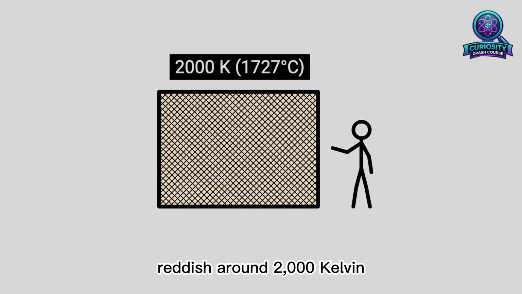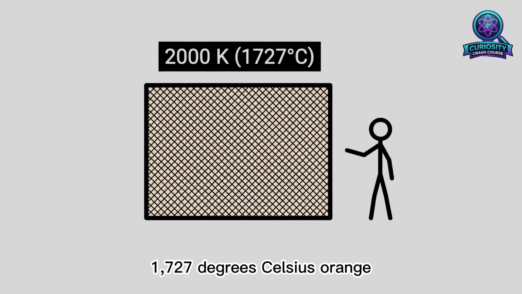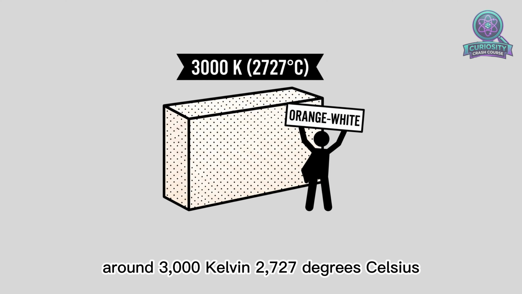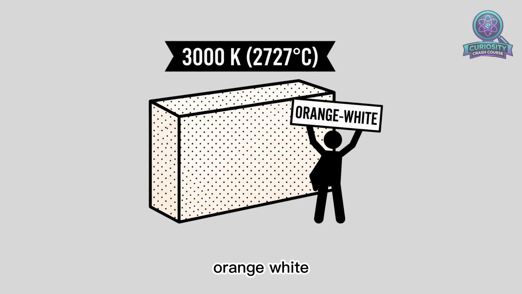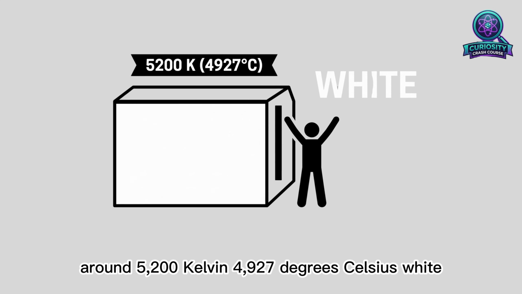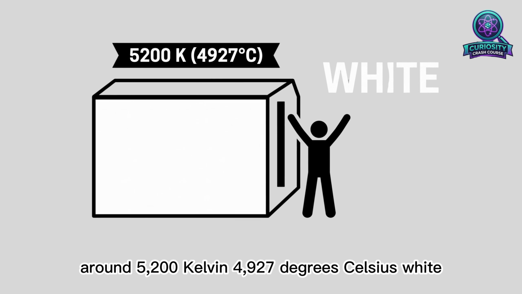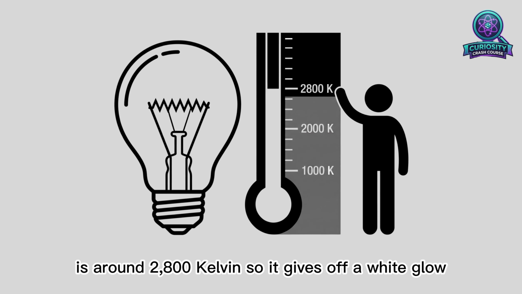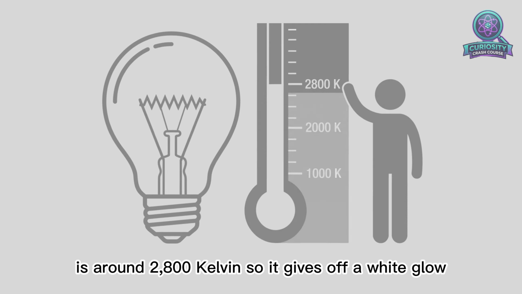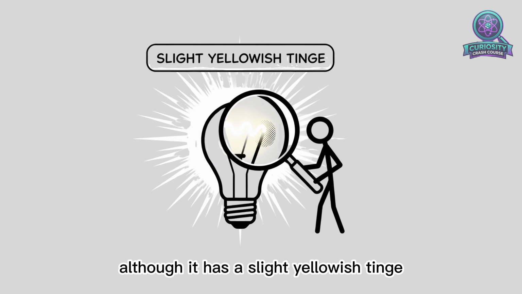Around 2000 Kelvin, 1727 degrees Celsius, orange. Around 3000 Kelvin, 2727 degrees Celsius, orange-white. Around 5200 Kelvin, 4927 degrees Celsius, white. The temperature of the filament in our light bulb is around 2800 Kelvin, so it gives off a white glow, although it has a slight yellowish tinge.